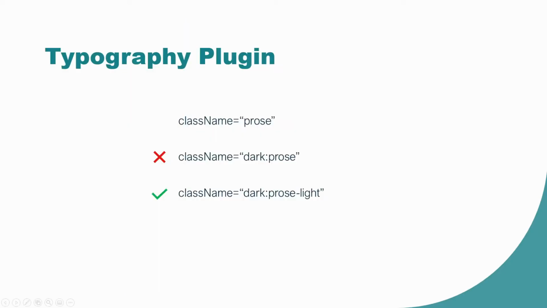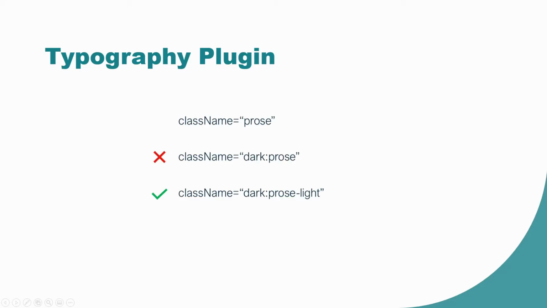A few weeks ago, I talked about using the typography plugin to style some of your markdown text, markdown HTML elements. And if you're using the typography plugin while implementing the dark mode, you probably realize that the dark mode, if you're using dark prose, is not working. And the reason for that is that the typography plugin currently doesn't support the dark mode just yet.